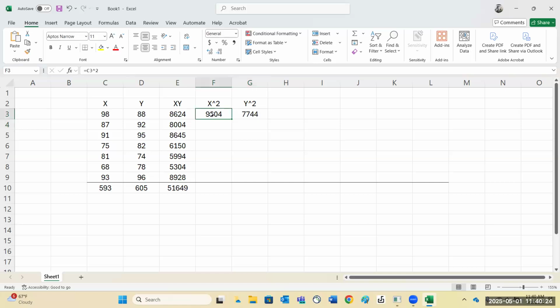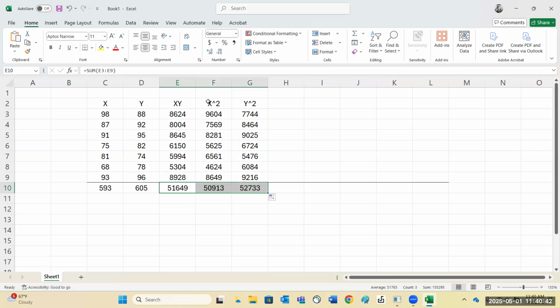So this one is 98 squared. This one's 88 squared. I do that to each of the terms. Then from there, I add them all up and down.